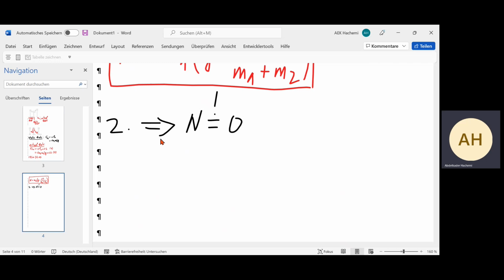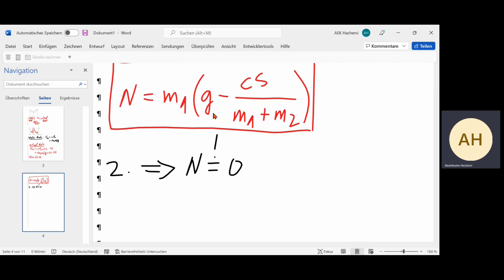In this case, if N is equal to 0, then we have to take this equation here. This will be equal to 0. Then M1 cannot be equal to 0, so we have the second term here, which must be equal to 0.